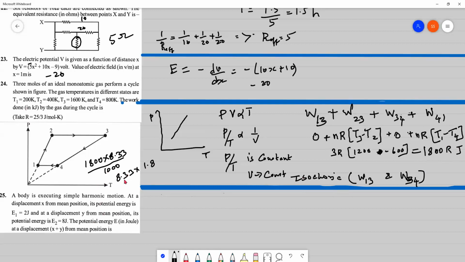So this is 8 1 by 3, which is 25 by 3. 25 by 3 into 1.8. This one is 0.6. So this is 15. The answer for this one is 15 kilojoules.